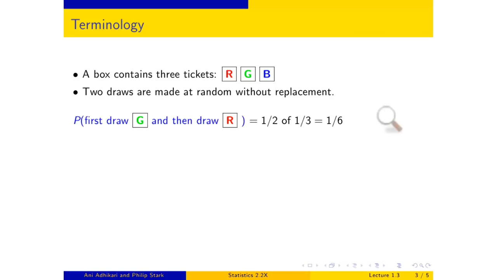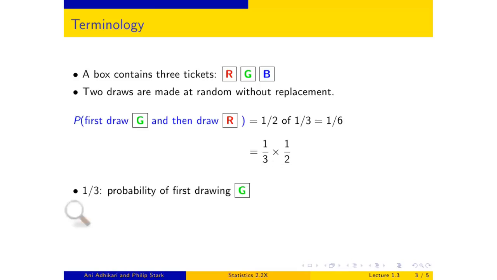Now, conventionally, this is written in chronological order. That is to say, the 1/3 first and then the 1/2 with the multiplication. And it is a good idea to note what these fractions represent. The 1/3 is clear. It is the chance of first drawing the green ticket.